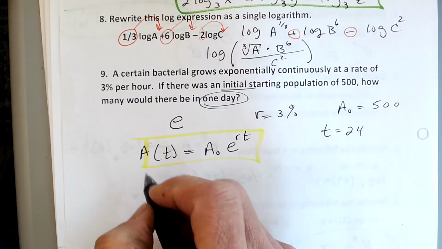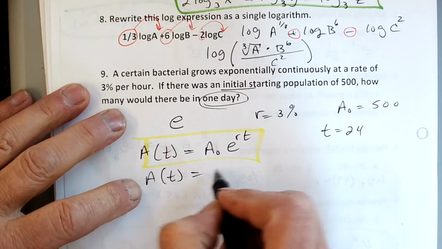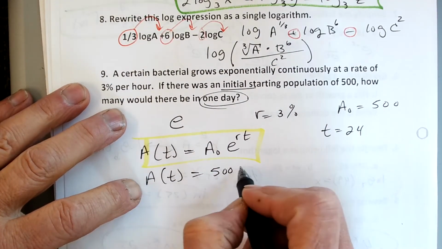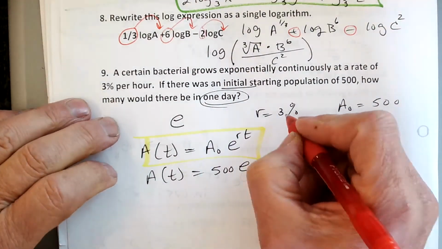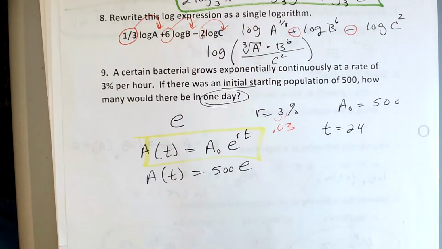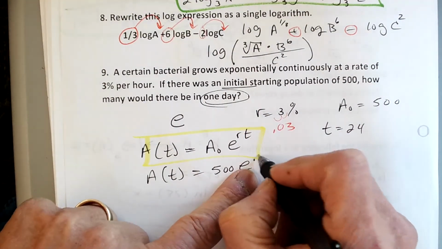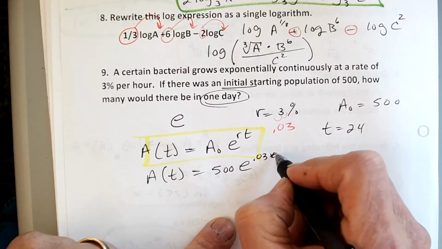So I'm going to go A of t equals 500 e. Now I'm going to change this to point, right? 0.03, because that's how I change a percentage into a decimal. 0.03. And my time is 24 hours, times 24.